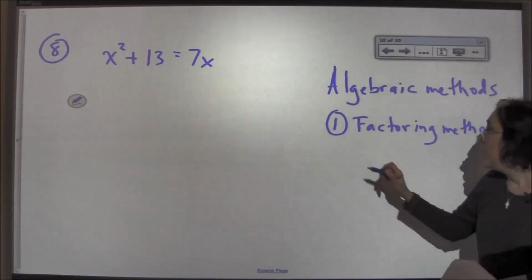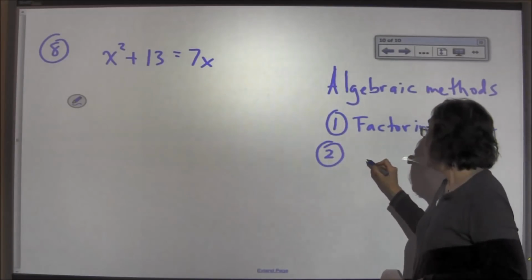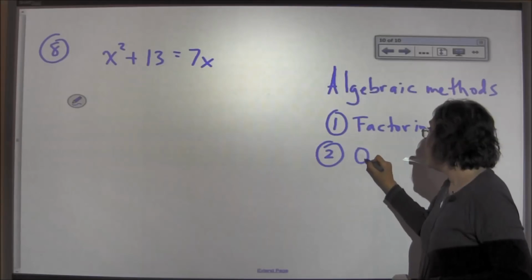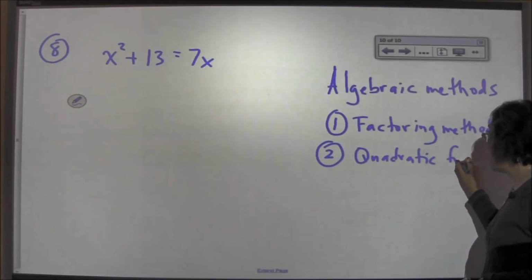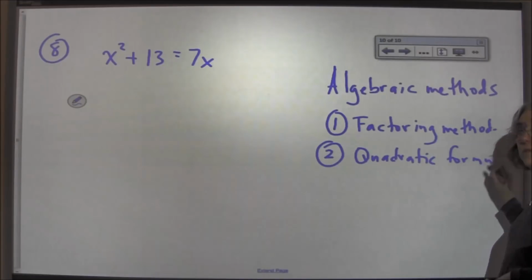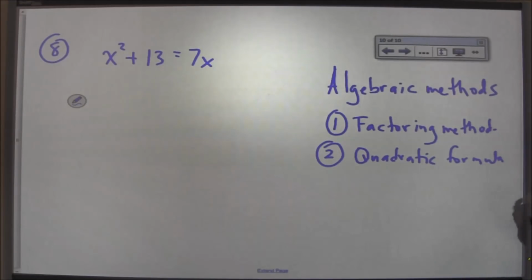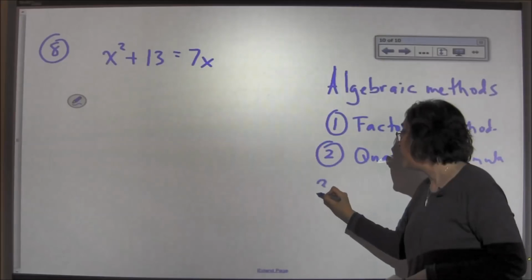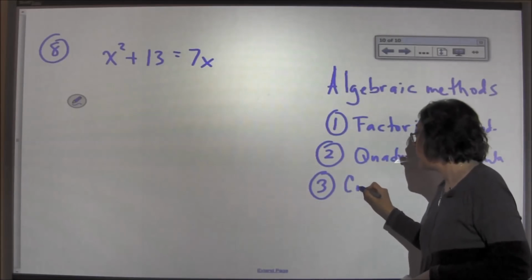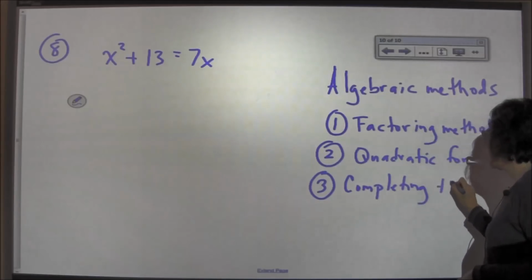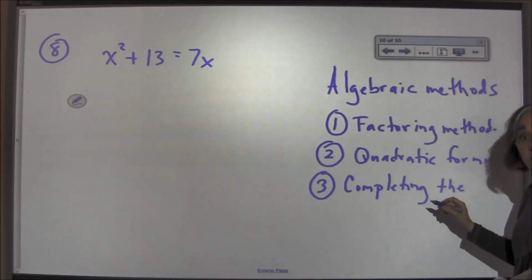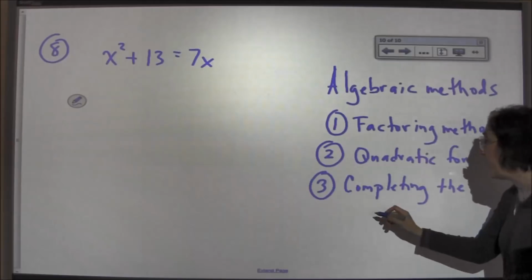Okay? The second method is, well, now you know how to use the quadratic formula. That's probably going to be your preferred option, preferred to the third possibility, which is the completing the square method. You do need to know completing the square for another problem, but you don't have to use it on this one if it just says solve algebraically.